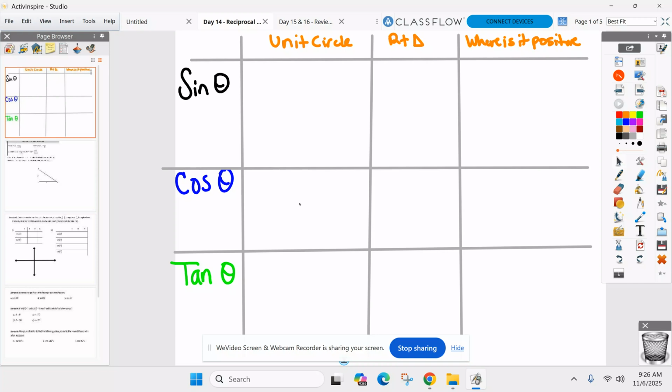Okay, go ahead, finish that up there, and then we'll start filling it in together.